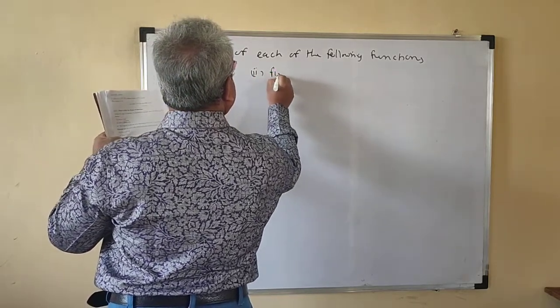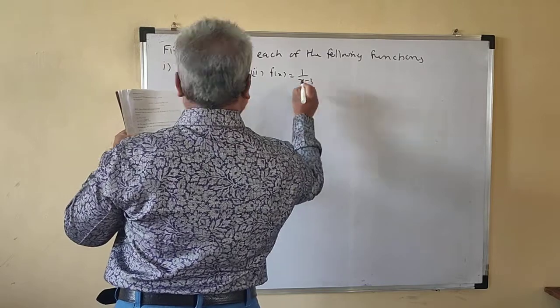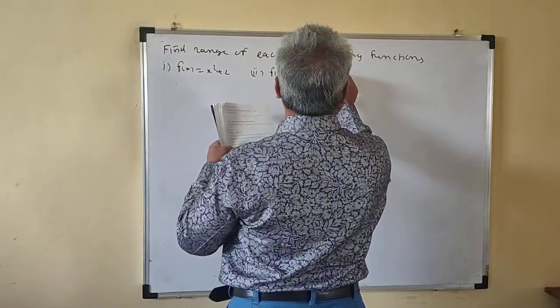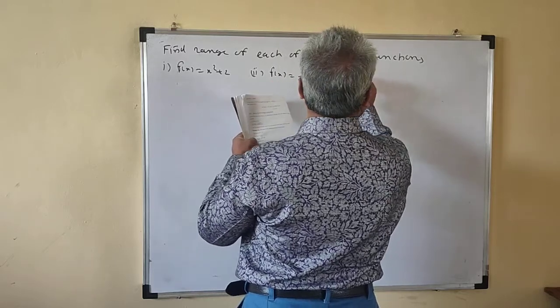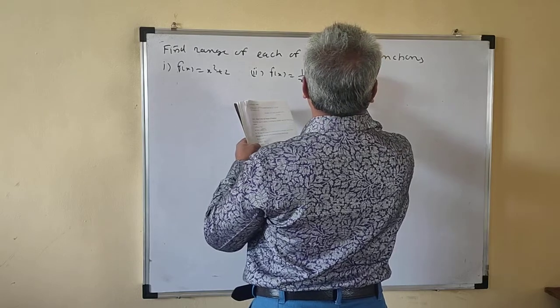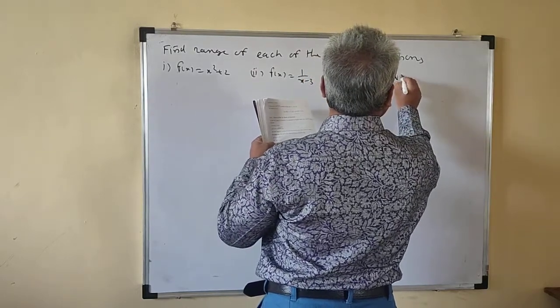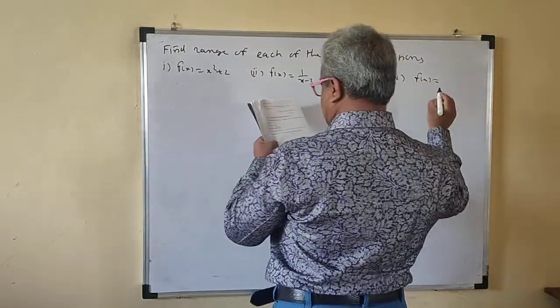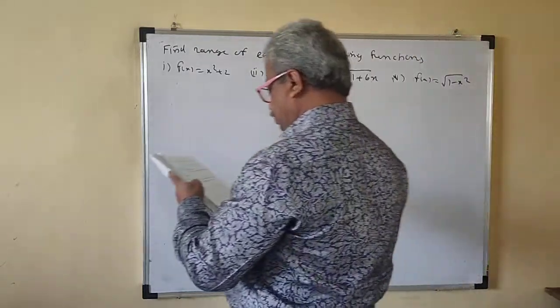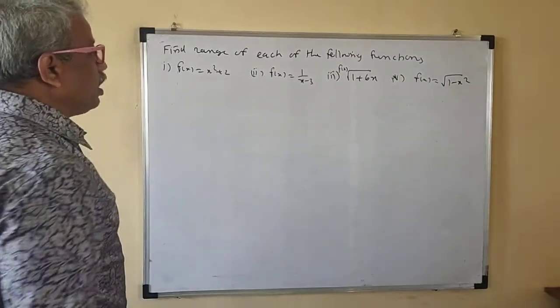Second, f of x is equal to 1 upon x minus 3. Previously we got the domain of this one. Third, f of x is equal to root of 1 plus 6x. Fourth, f of x is equal to root of 1 minus x. We have to find the range of these functions.